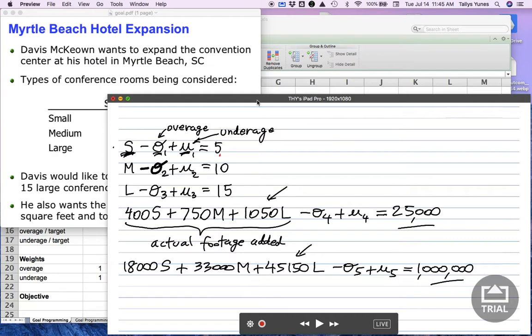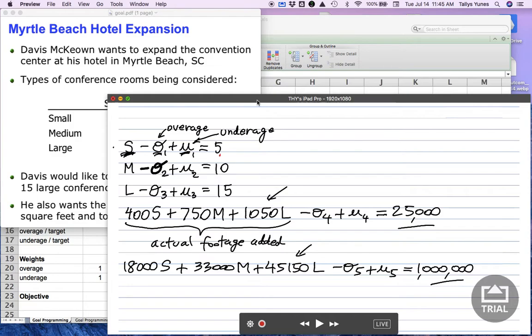But tools like this, models like this, allow us to figure that out and realize, you know what, you need to compromise somewhere. Great. So if I would like to have my over-under as small as possible, there comes my objective. I simply want to minimize the O's and the U's, because that will look for a solution that brings my actuals as close as possible to my targets or goals.